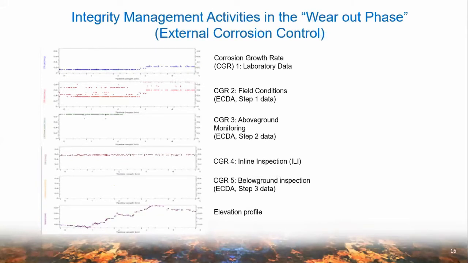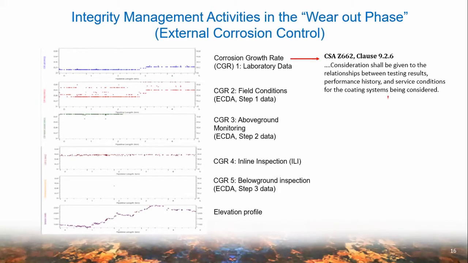At present, industry relies only on corrosion growth rate from inline inspection. But if you collect data as suggested by various standards and best practices that were discussed in the previous slide, you should be able to obtain at least 5 different corrosion growth rates.